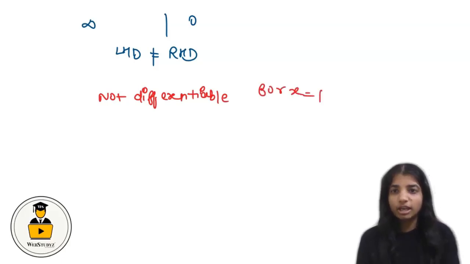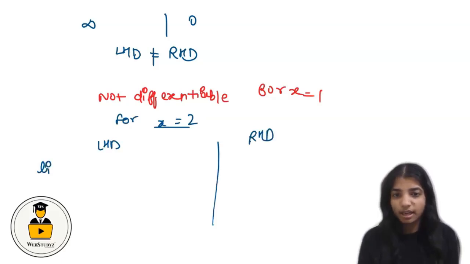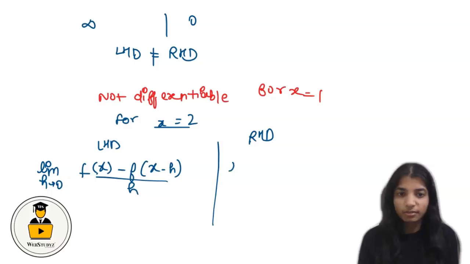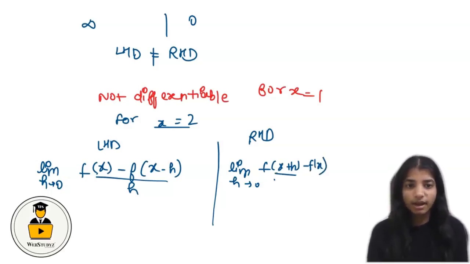Now we need to check this for x = 2. Again, we take the left hand derivative and the right hand derivative. As we just discussed, the left hand derivative is the limit as h tends to 0 of [f(x) minus f(x minus h)] divided by h, and the right hand derivative is the limit as h tends to 0 of [f(x plus h) minus f(x)] divided by h.